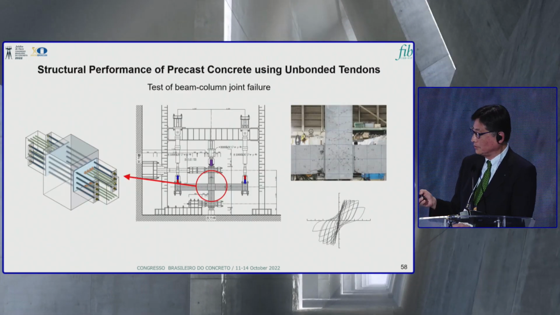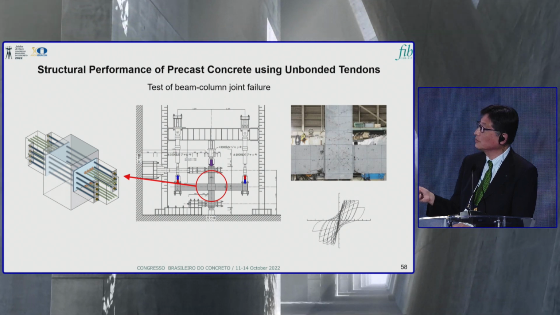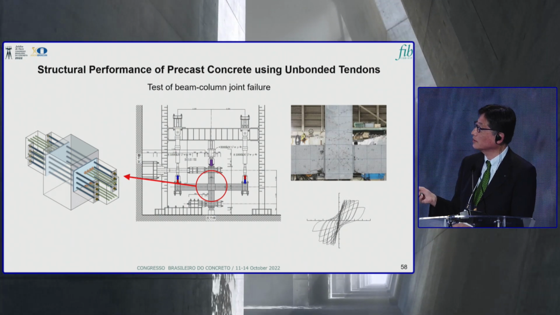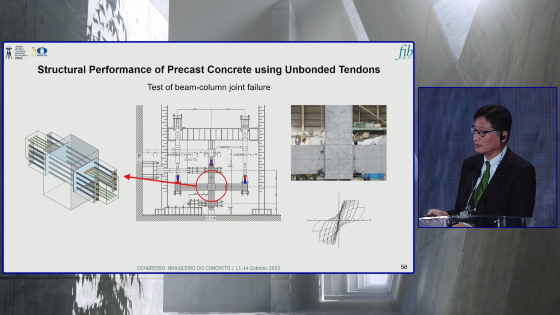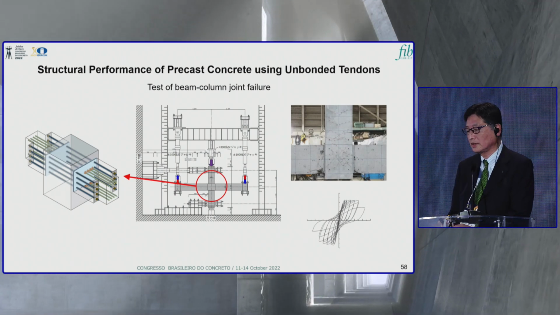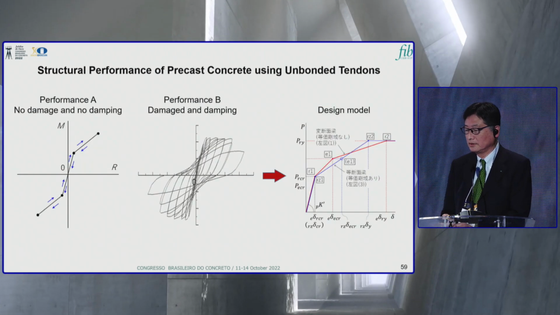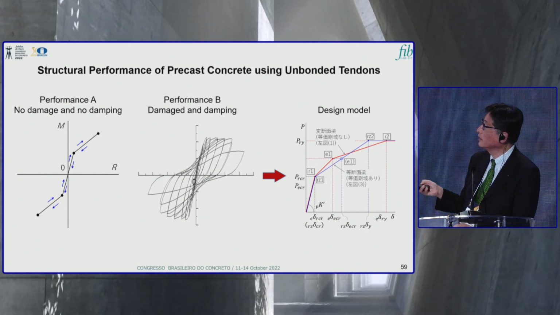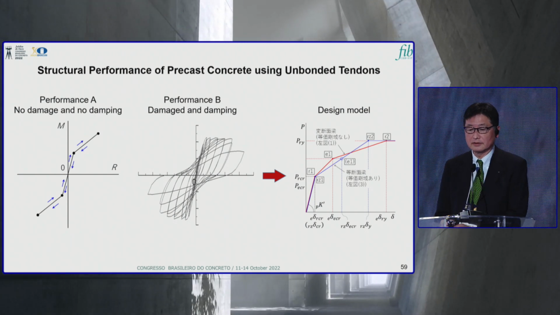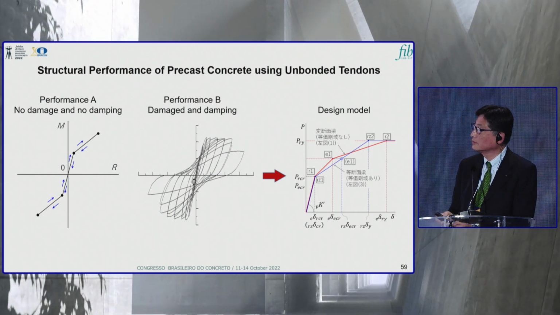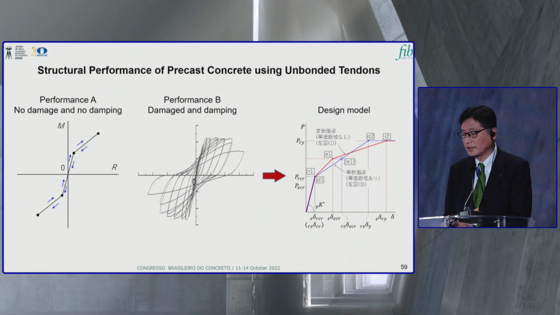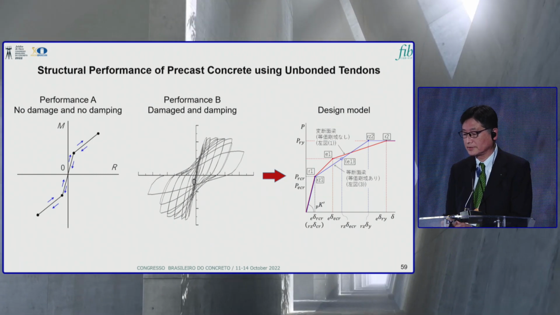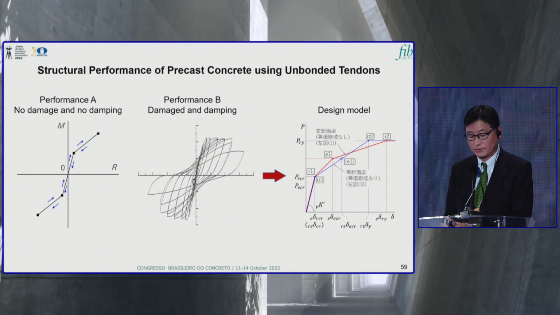We will do this kind of test in the future and get the hysteresis curve. And finally we get the design criteria like this. So we need a little bit of time to confirm everything when using these new technologies.